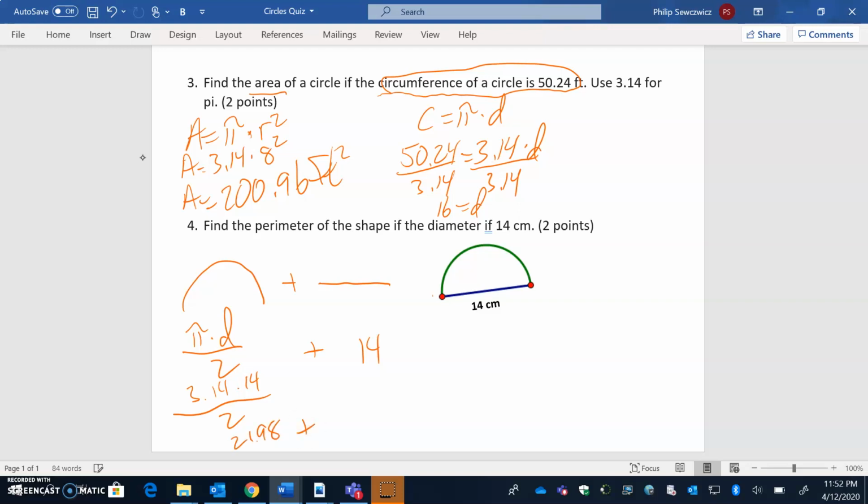Remember, that's just this curved portion. I do need that line segment as well, which is the diameter, so that's why we're going to add the 14 on. You should end up with 35 and 98 hundredths centimeters.